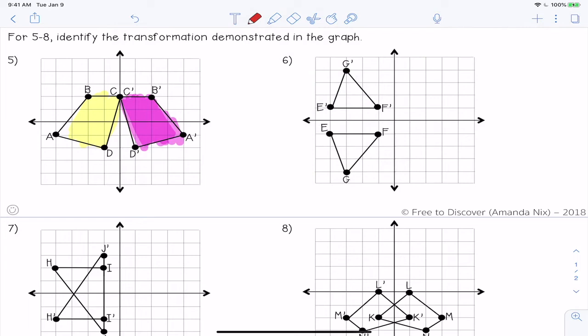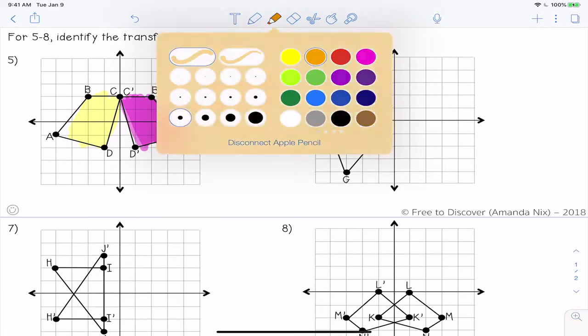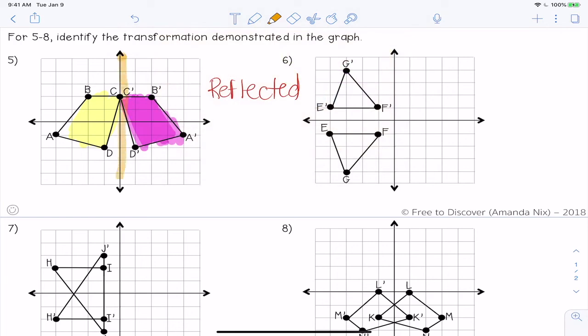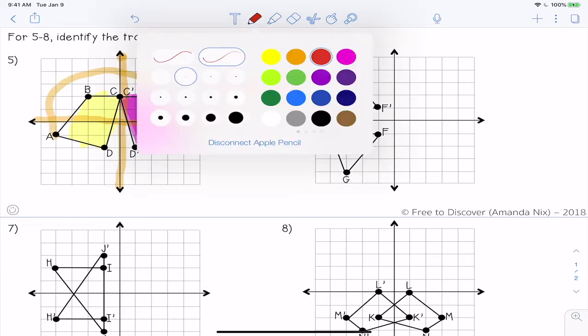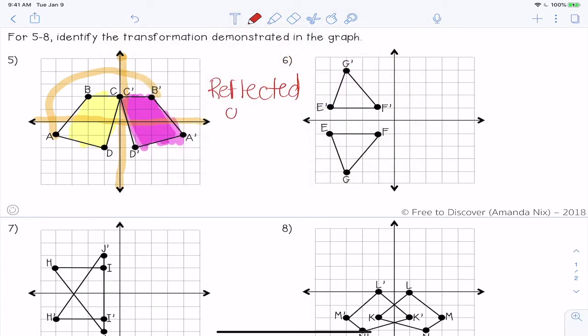Now, I know it was reflected, but was it reflected over the Y or the X? And it looks like we just took it and flipped it over. So I'm going to say this was reflected over the Y-axis.